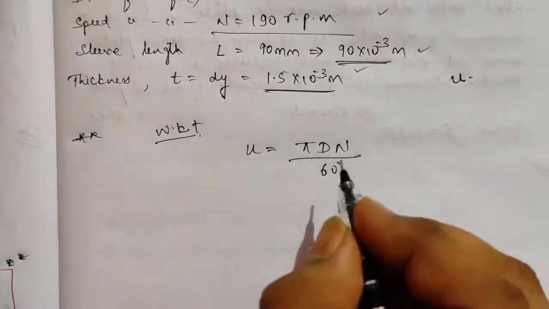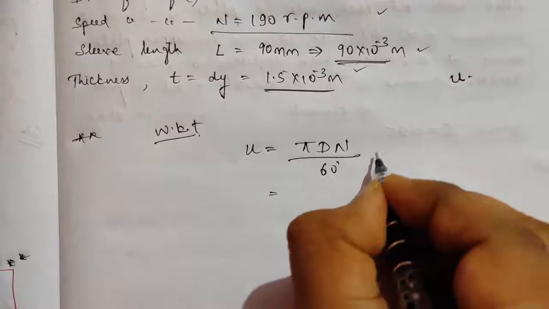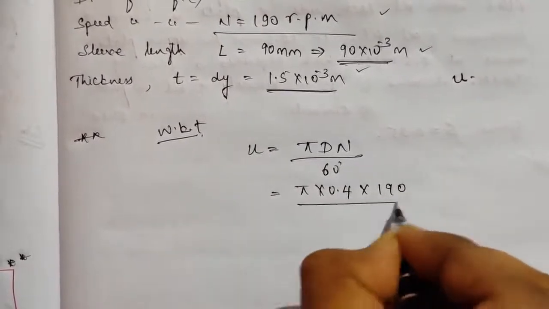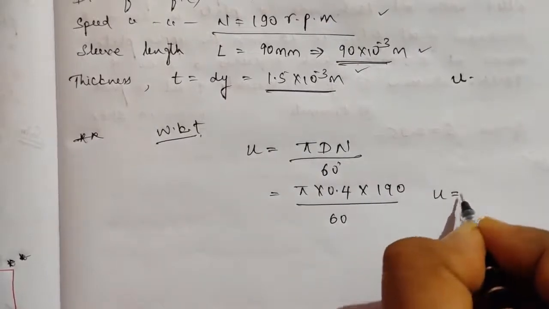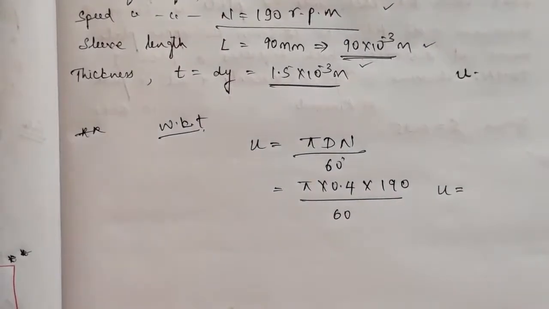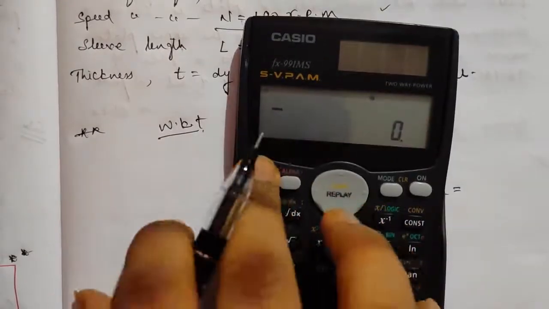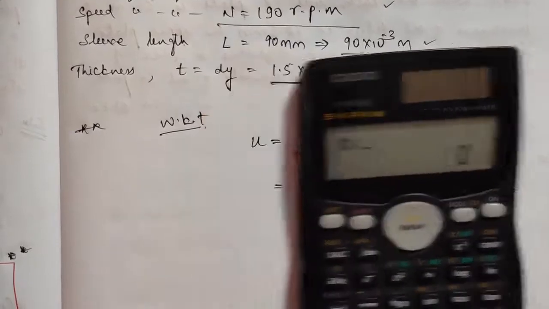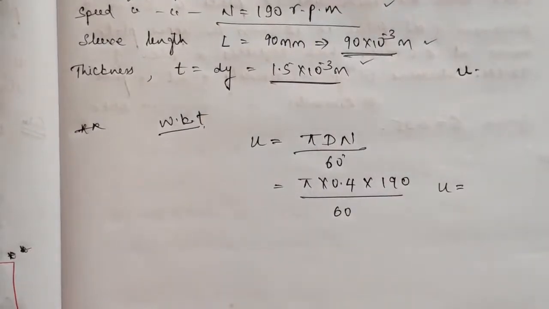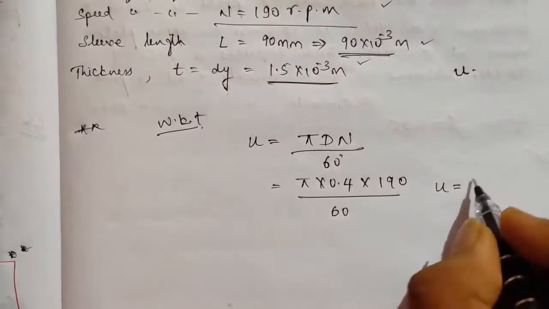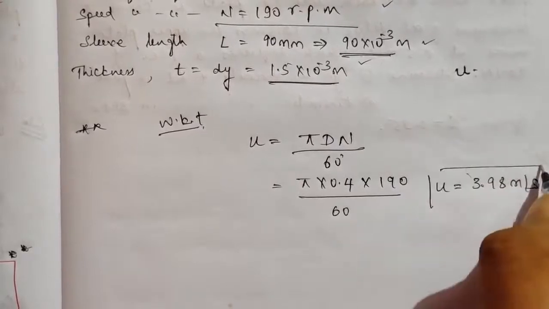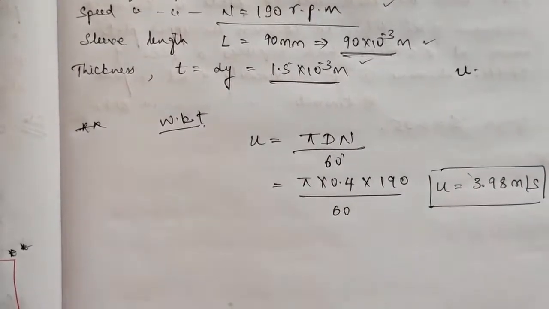Whenever I solve, pi into D is 0.4 into N is 190 divided by 60, the value of u will be, pi into 0.4 into 190 divided by 60, it is 3.98 meter per second. Okay.